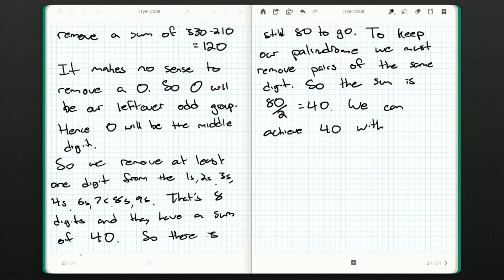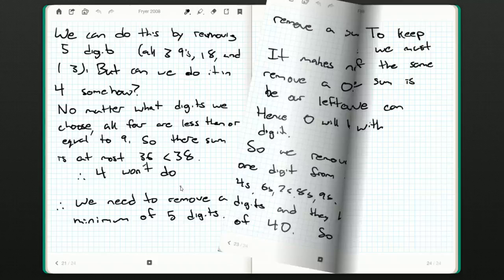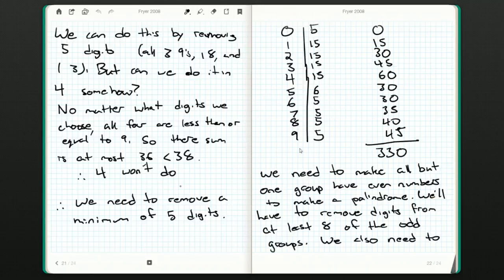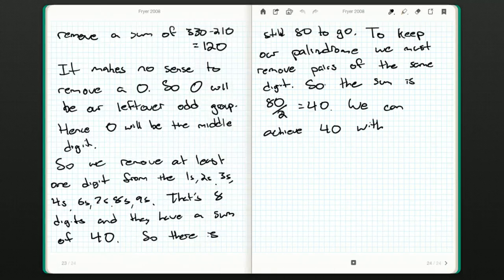So we've already removed 1 9. How many 9s do we have left? 1 9, so that'd be 4 9s. So we'd be able to have removed 2 pairs of 9. So 2 9s, and we have 4 8s left as well.